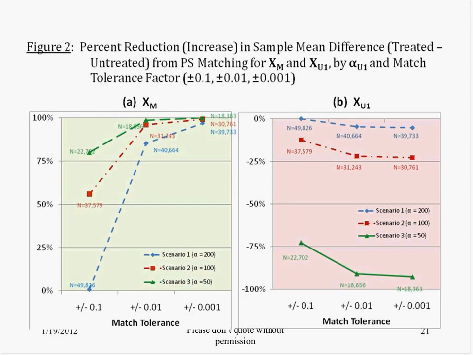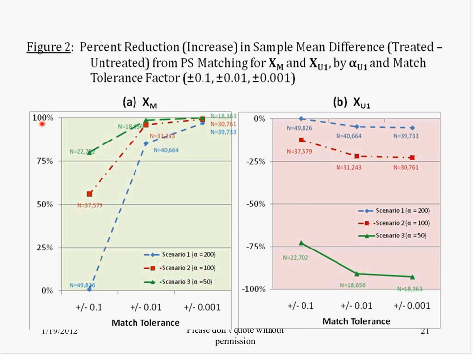And we also looked at matching here. In our results, inverse probability weighting does basically the same thing as these results we're finding. If we look at what this graph represents, once again we've got percent reduction and increase, and it may be a little difficult to follow, but we have XM in figure A and XU1 in figure 2B.